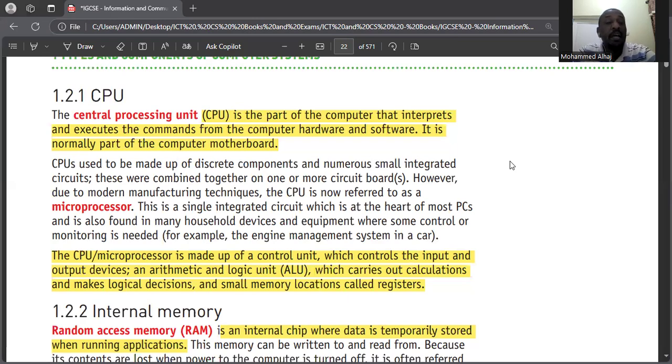The CPU is made up of many parts, but the two main components we need at this level are the ALU and the CU. The ALU is the arithmetic and logic unit, which is responsible for carrying out calculations and logic decisions. The second part is the control unit, which is responsible for controlling the input and output devices.